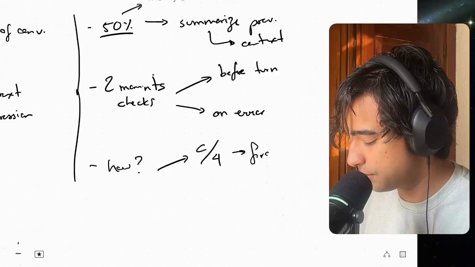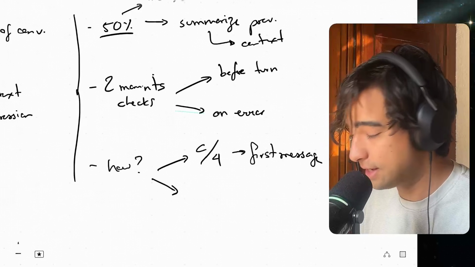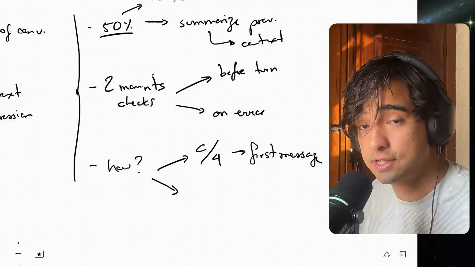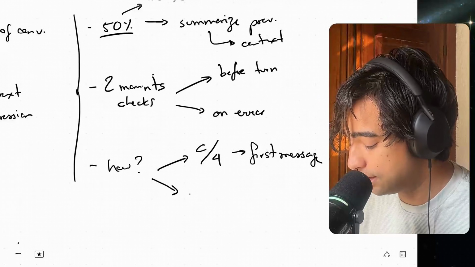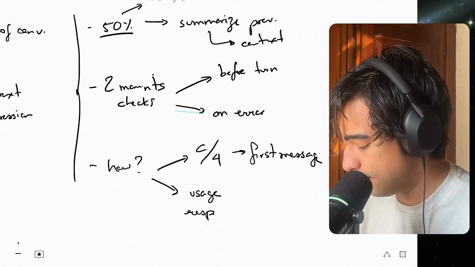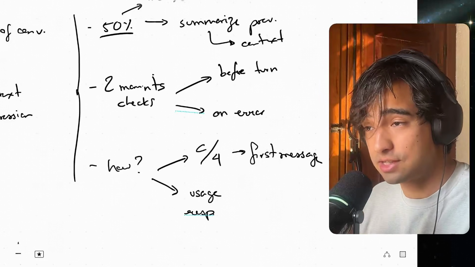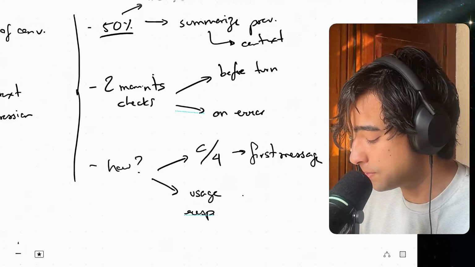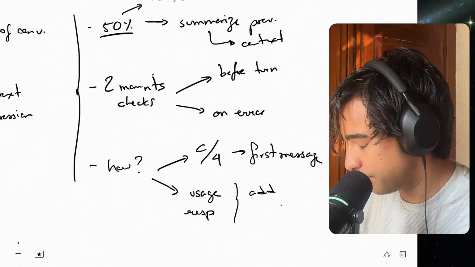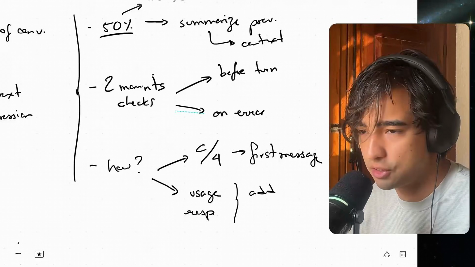So that is on the first message. After the first message, there is actually a better way, because whenever you send a message to the LLM and it returns an answer to you, it actually gives you a usage response. There is a parameter in the response with the usage, and then you just have to add that. It sometimes includes input tokens, sometimes output tokens, sometimes a usage parameter.